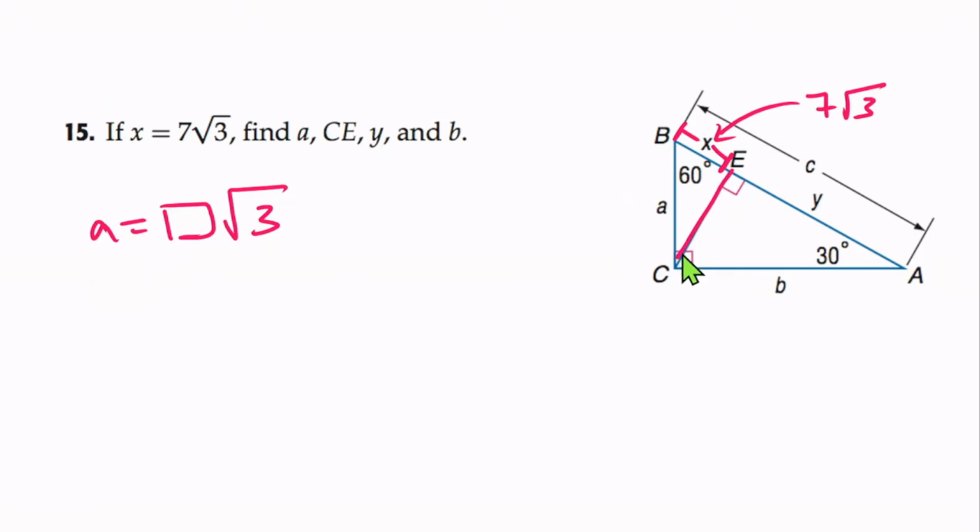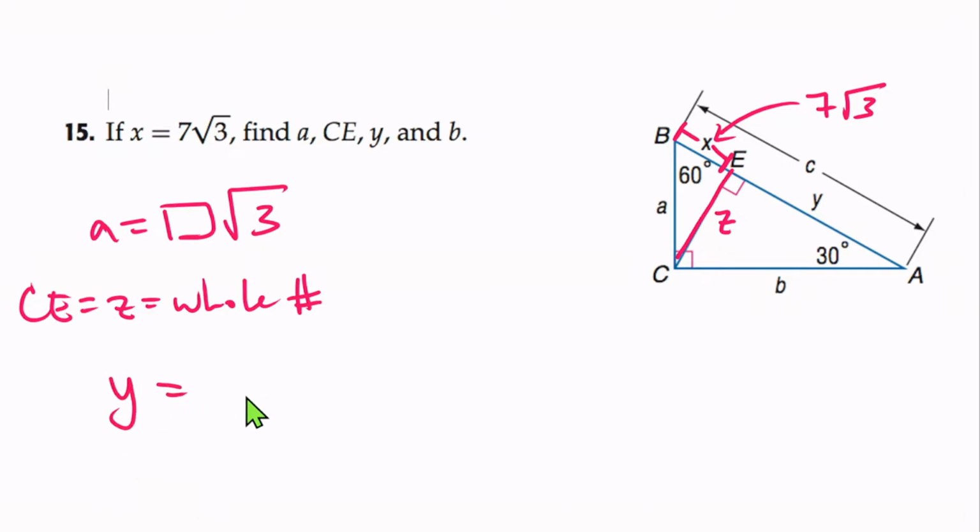CE, this piece again that I called Z, so we'll say CE equals Z, and Z should come out to be a whole number. And they want us to find Y, and Y should come out to be a number times the square root of 3.